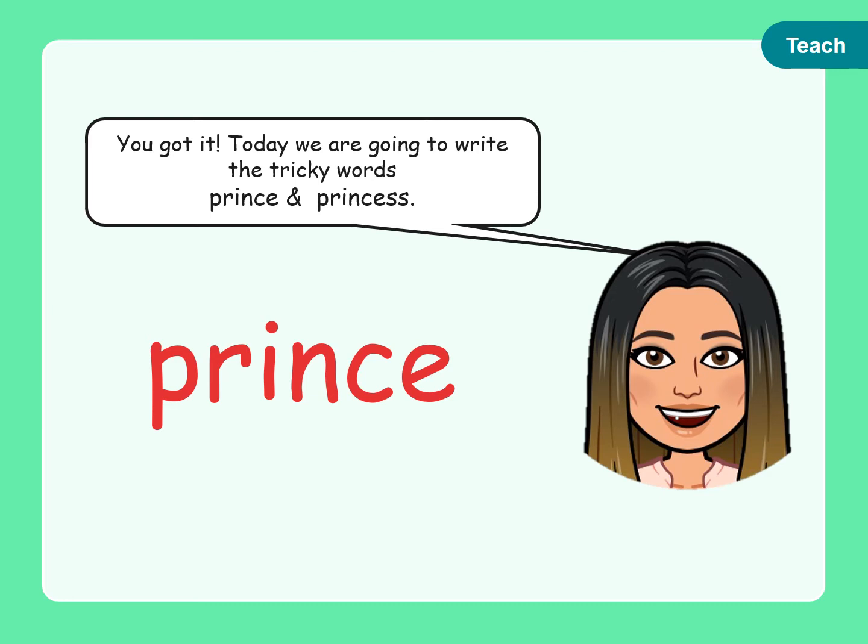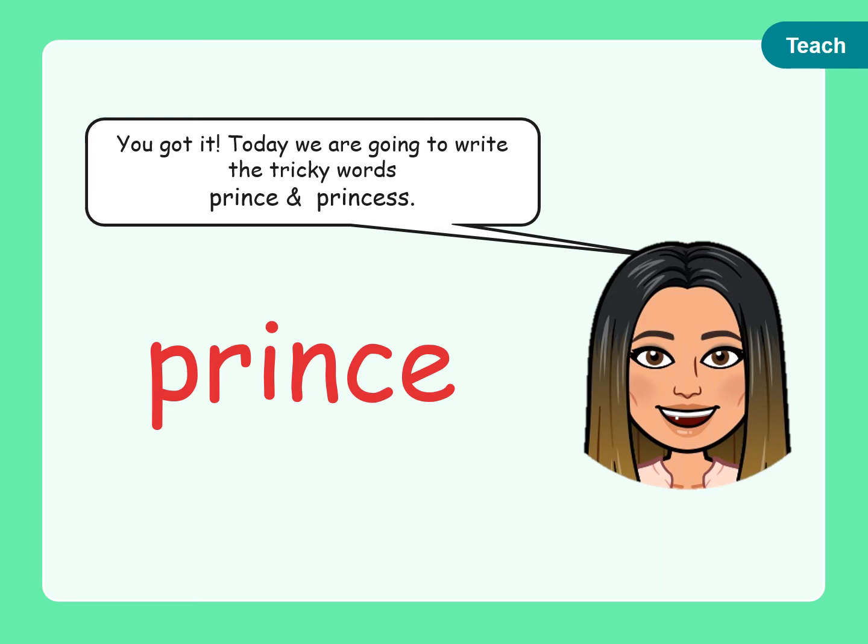Sometimes it represents the speech sound k, and sometimes it represents the speech sound s. We tried it with k, sorry. So let's try it with s. P, r, i, n, s. Prince. That sounds right, doesn't it?